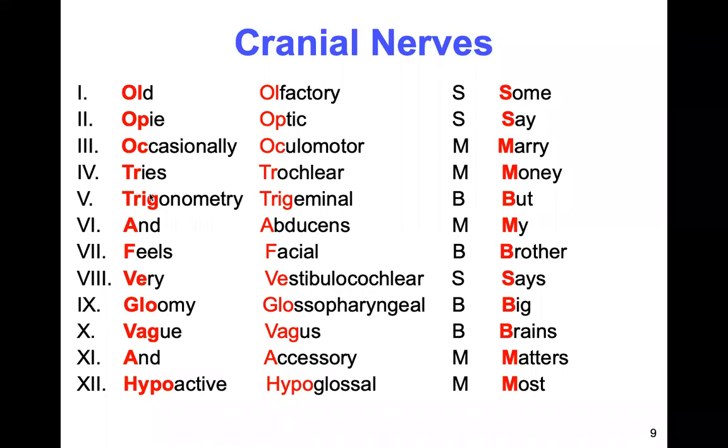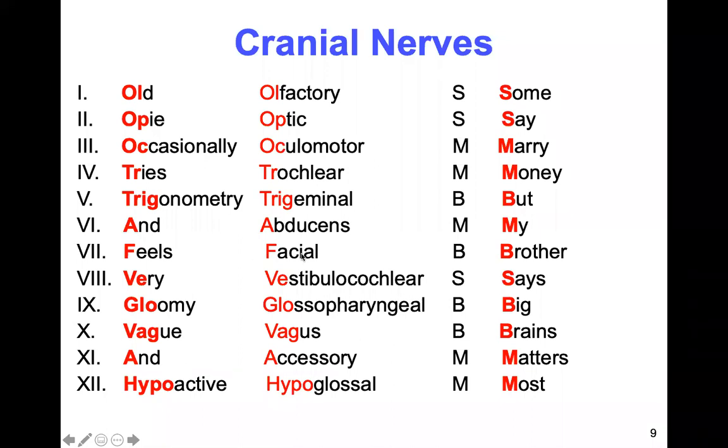Those are controlled by cranial nerves 3, 4, and 6. Cranial nerve 5, the trigeminal nerve, deals with sensation to your face and the muscles of mastication, which means the chewing muscles. The temporalis, the internal pterygoid, the masseter, and the external pterygoid. Those are innervated by cranial nerve number 5, trigeminal nerve.